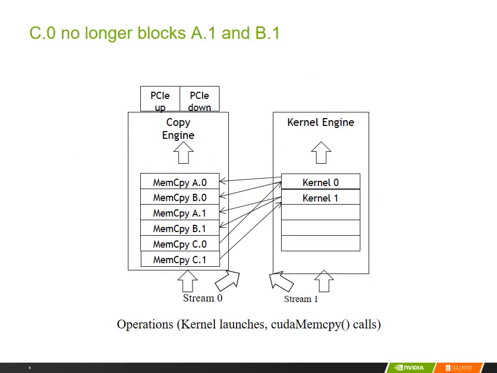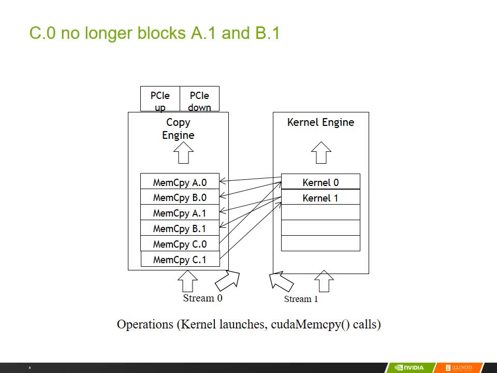So when we execute the code in the previous slide, we will see that the memcpy A0, B0, and memcpy A1, B1 will enter the copy engine before the memcpy C0 and C1. Of course, the driver will also maintain the dependency between the memcpy and the kernel.